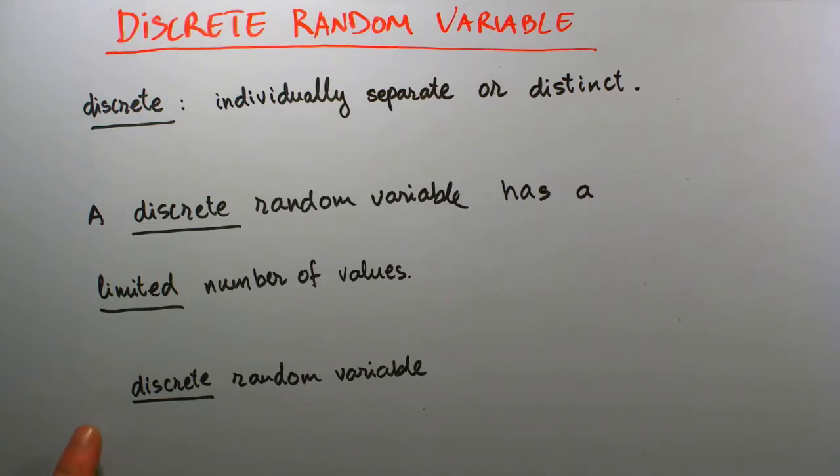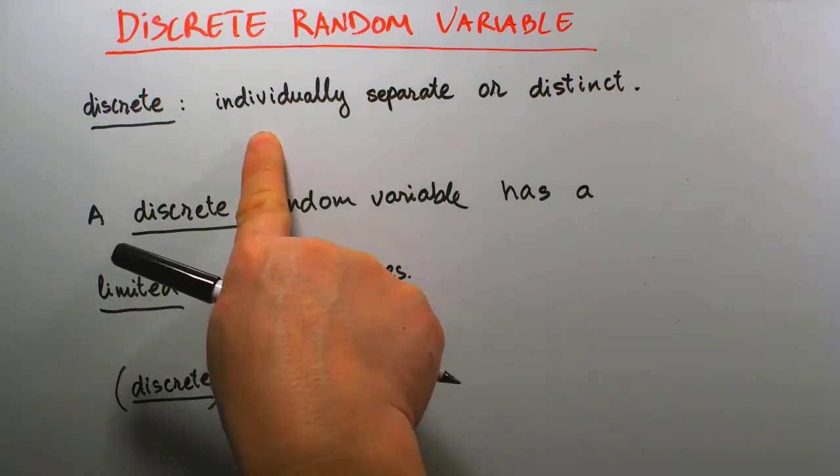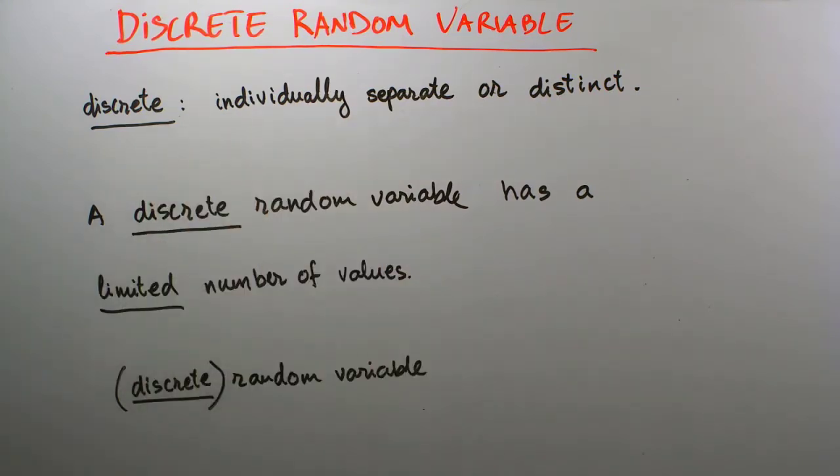Realizing that adjacent values in any of our random variables throughout the examples have permanent gaps between them, that's why these random variables are referred to as discrete random variables, because they are distinct. Each value is distinct from the other ones, and each value is individually separate from the other ones. And that's how it makes it consistent with the definition that's given as an English term.